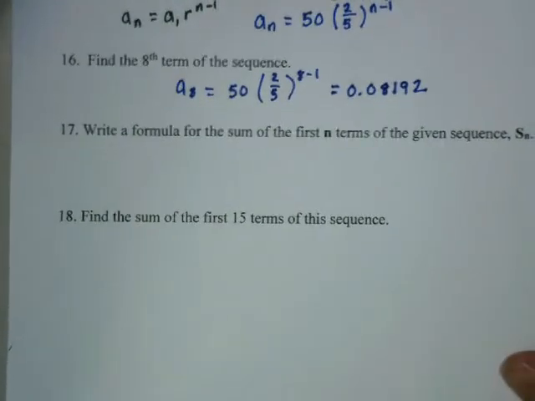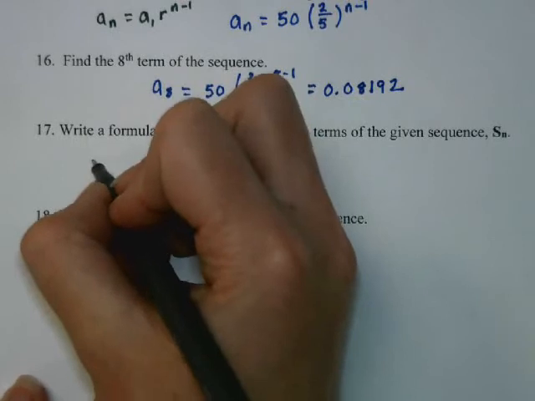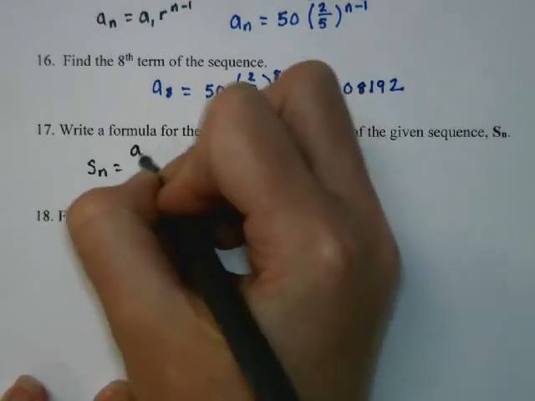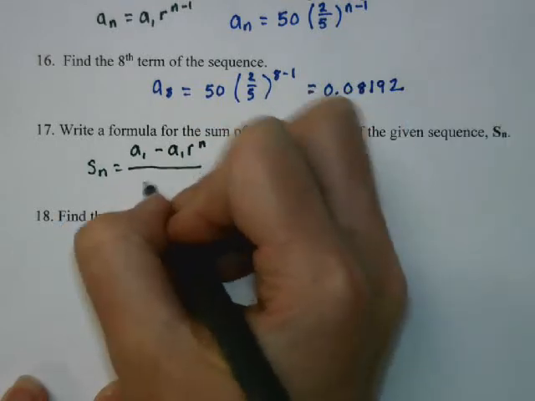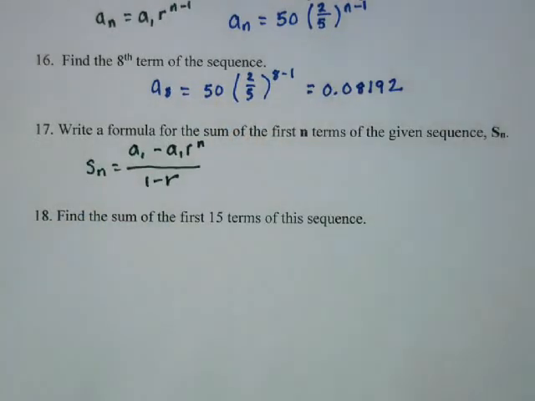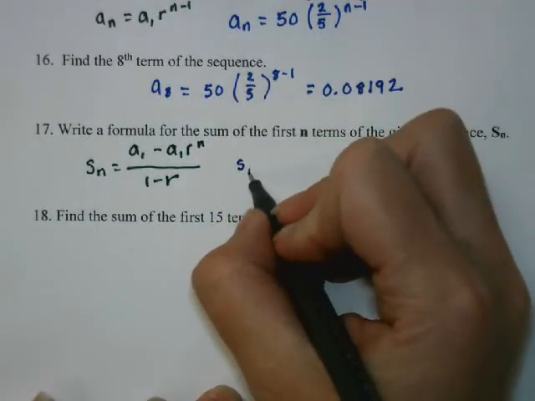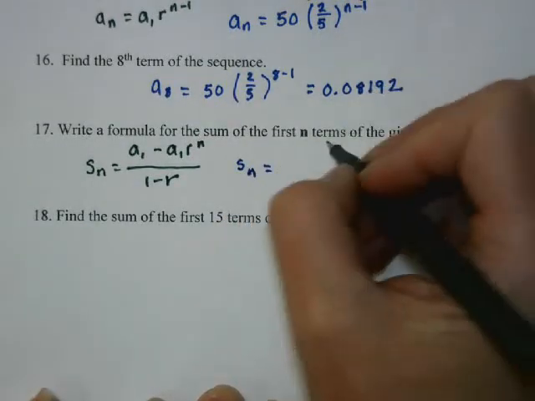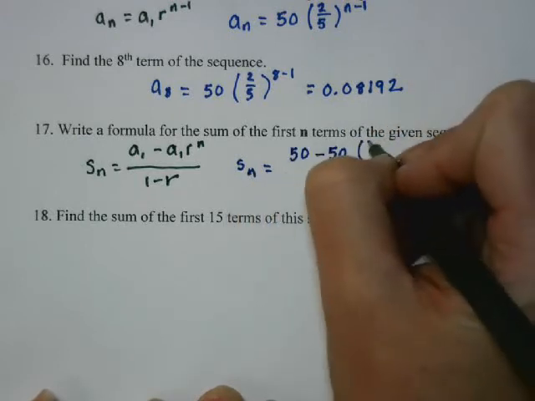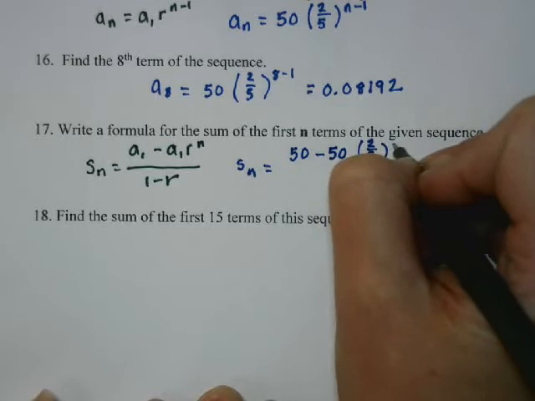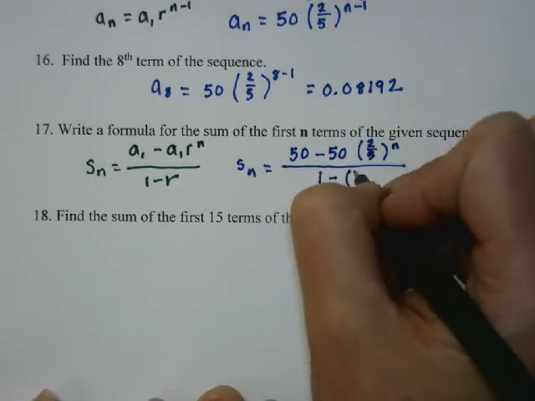For the sum, the general formula for a sum of a geometric is a1 minus a1 r to the n over 1 minus r. So for this specific series, a1 is going to be 50 minus 50 times 2/5 to the n over 1 minus 2/5.